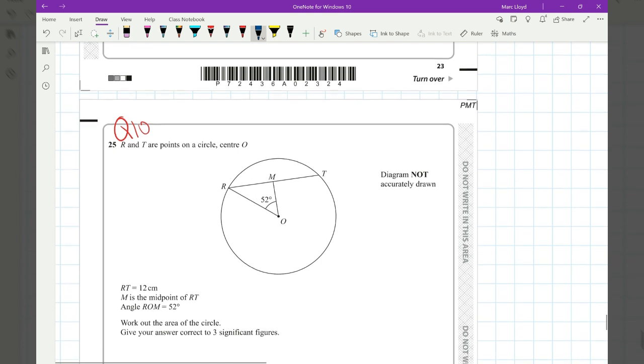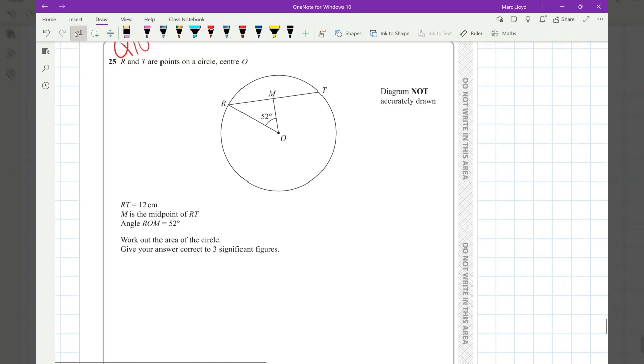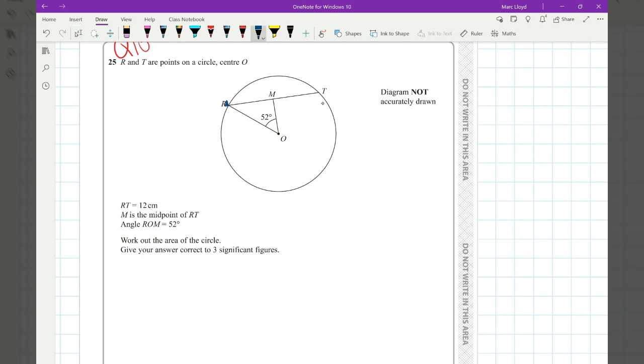Okay, question 10. R and T are points on a circle with center O. RT equals 12. So from here to here is 12. M is the midpoint of RT, so that means that length is 6.